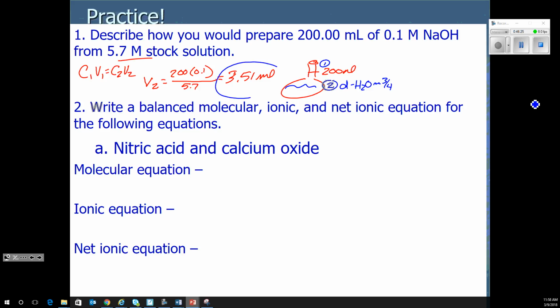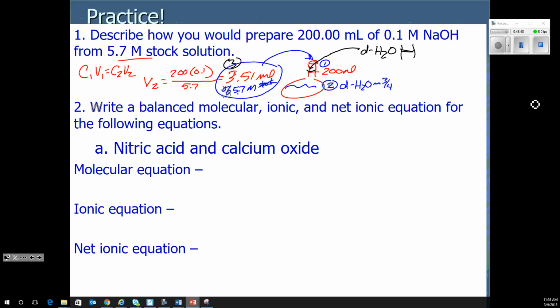Then we're going to add this much of 5.7 molar stock into here. And then for the fourth one, we're going to add distilled water to the meniscus.